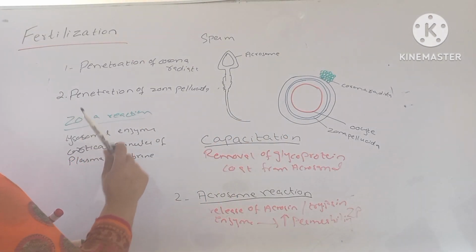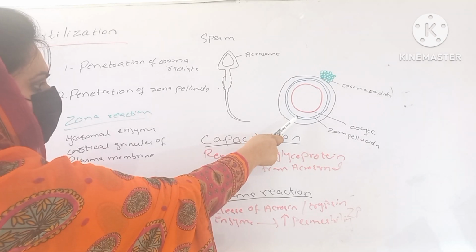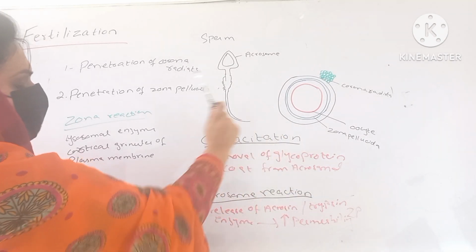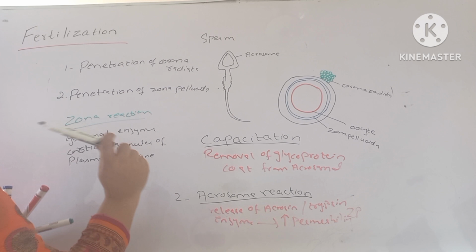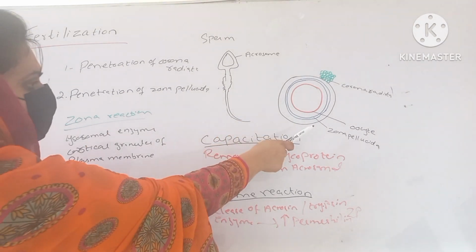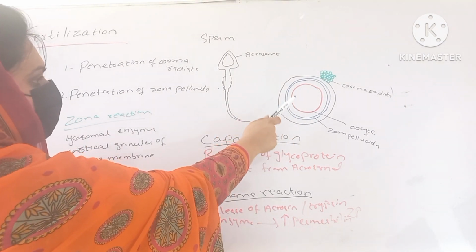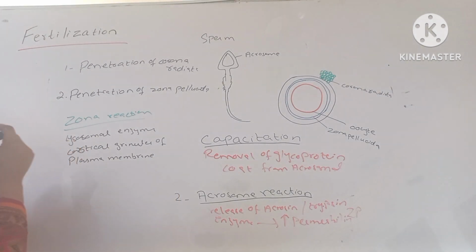So now the zona pellucida becomes impermeable to other sperms. This allows only one sperm to enter the oocyte. That is why the zona reaction is very important, because it alters the permeability status of the zona pellucida.